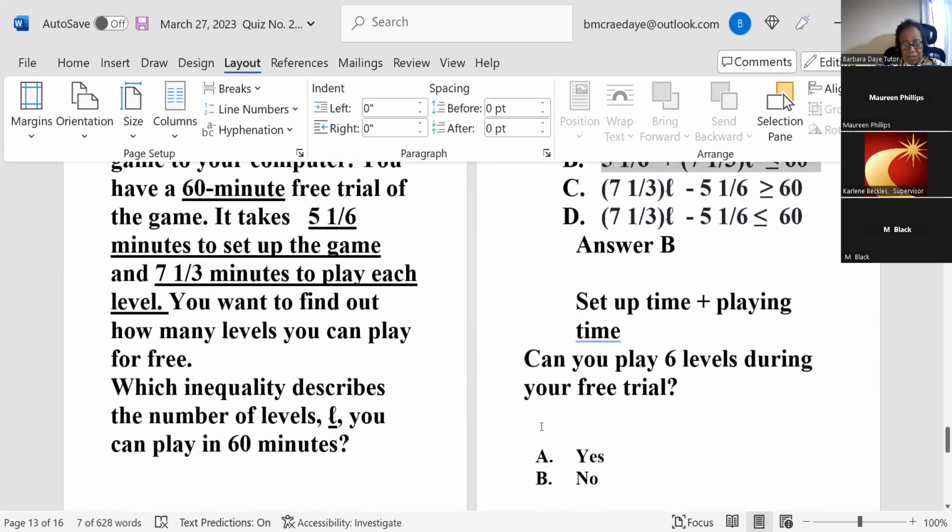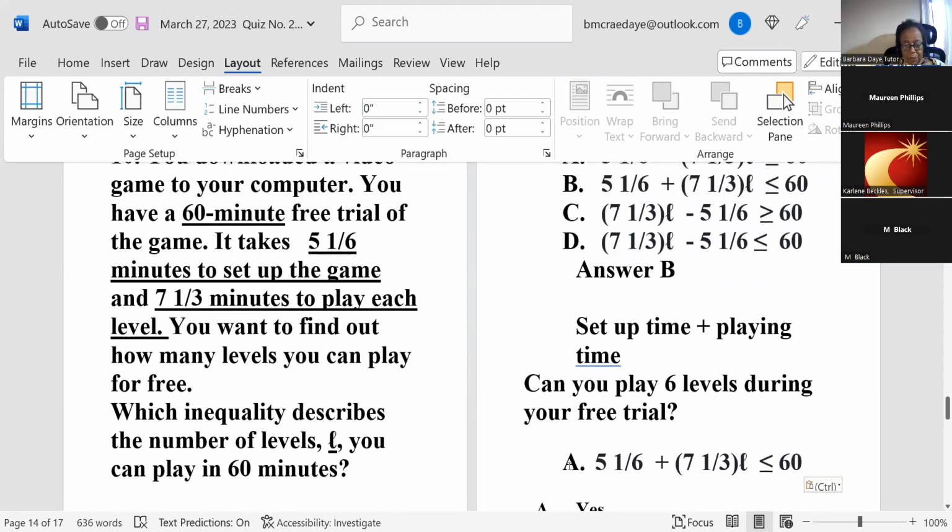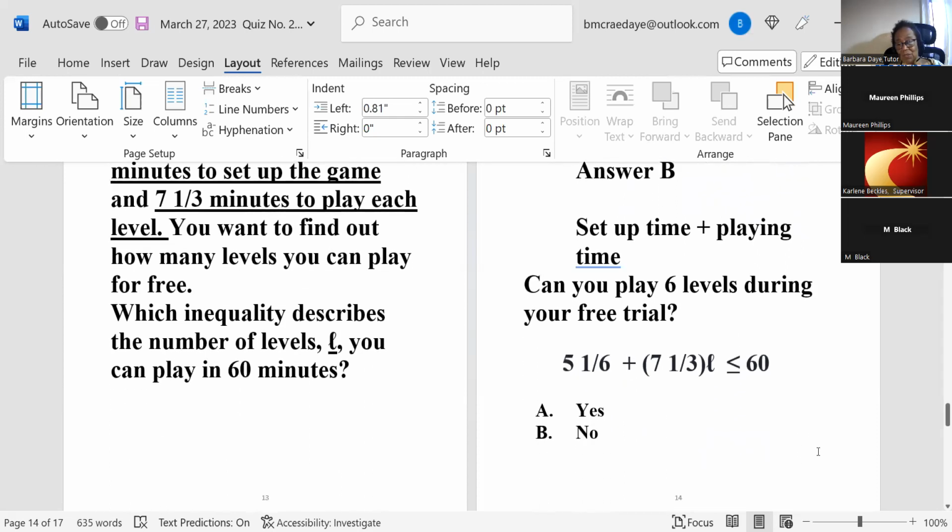Put the 6 in for L, multiply it by your 7, add it to your 5, and if it's less than or equal to 60, then the answer is yes. You don't even have to use the fraction. All right, Miss Barbara, can you do that part? Okay, for this, 6 levels, put the 6 for the L.